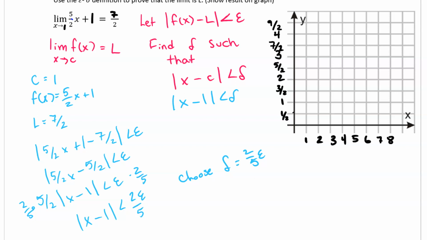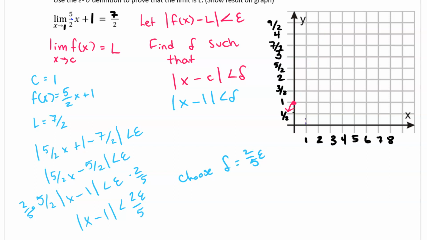Let's go ahead and plot our line and just show a demonstration of what we're looking at. So we start at 1, we've got 5/2, so that means we go up 5, right 2, so that would put us at 7/2, and we've got a line here. So our c in this case is 1. I feel as though I've made a mistake somewhere. I apologize for that.